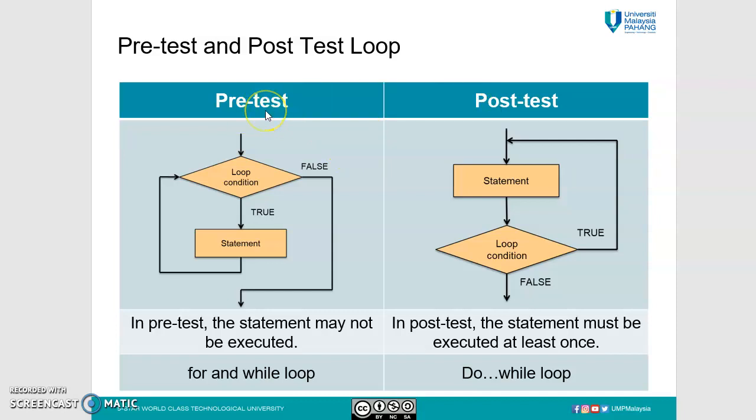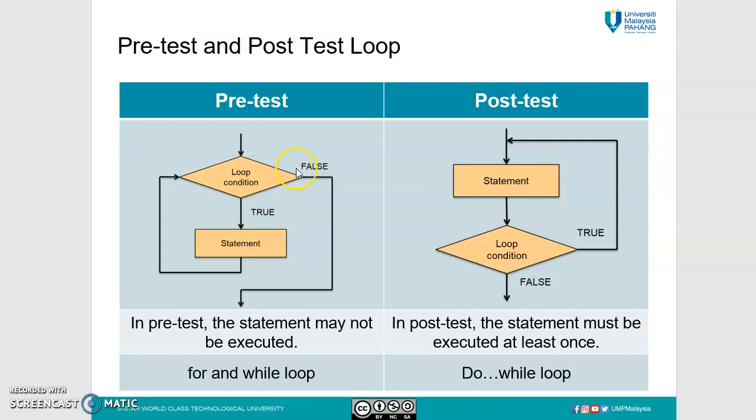Okay, for pre-test, first we will meet the loop condition or the test expression. So first we will test the expression. If the test is true, the loop will continue and will execute the statement, and then it will repeat again, and the expression is tested again.